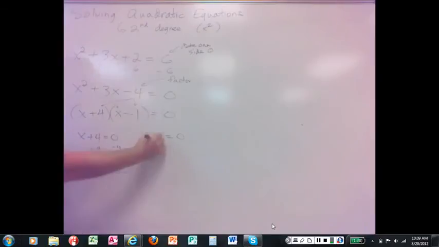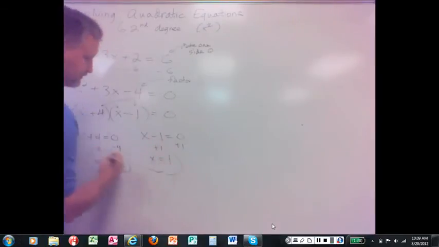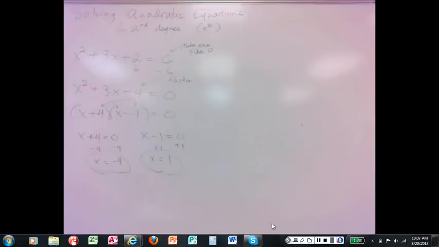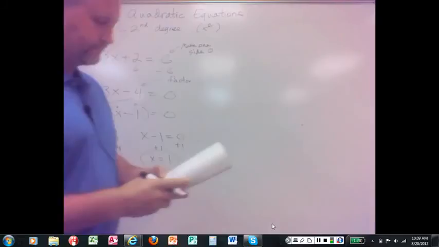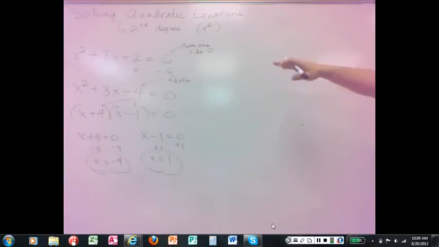And add 1 to both sides on the second one, so x is positive 1. Two answers. With quadratics, that's usually what you need, two answers. With me on that little one right there? Okay? All right. A couple more there. So that's the first method of solving, the factoring method.